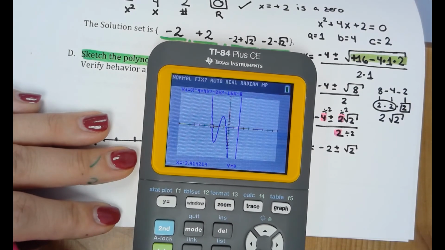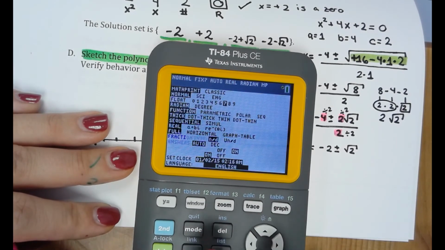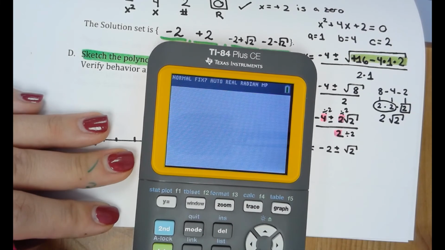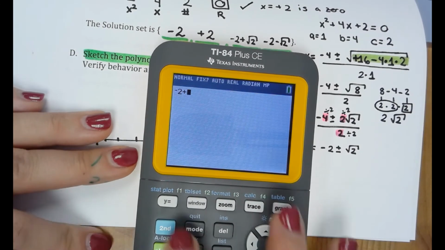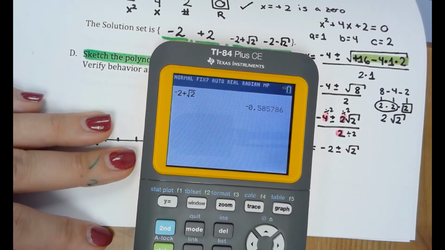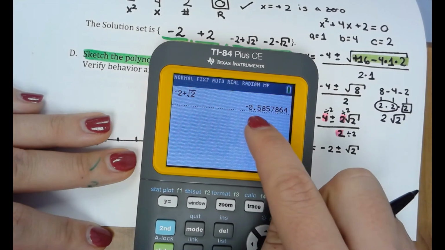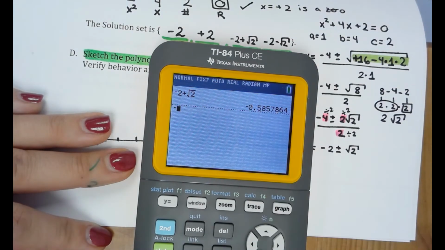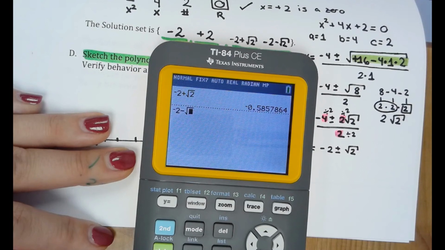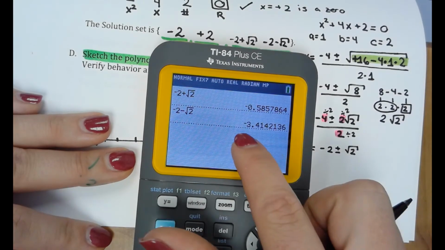Now when we go to graph those, we probably want their decimals instead. So I'm going to type them in, negative 2 plus root 2. We're going to graph about negative 0.6, and negative 2 minus root 2 is about negative 3.4.